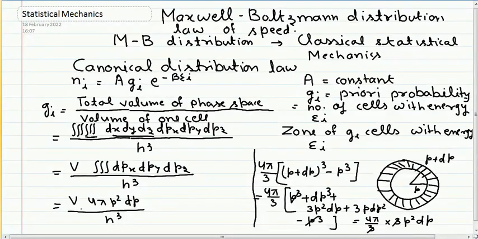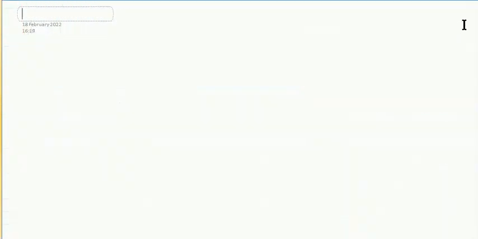Now we will substitute this value of gi in the distribution function. So let us put 4 pi V P square dP upon h cube, and let us go to a new page.